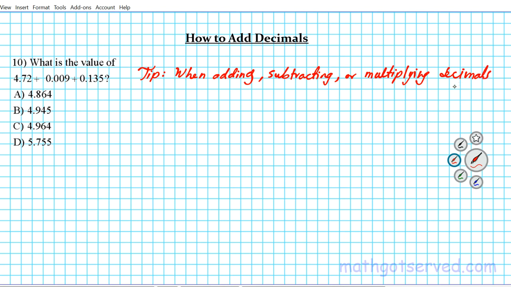Alignment is very important. You want to align all the decimal points vertically first.